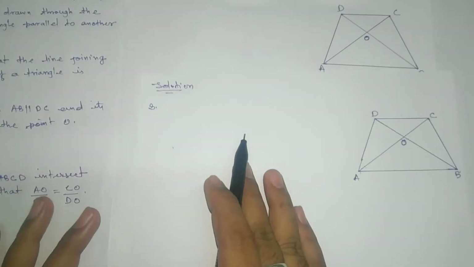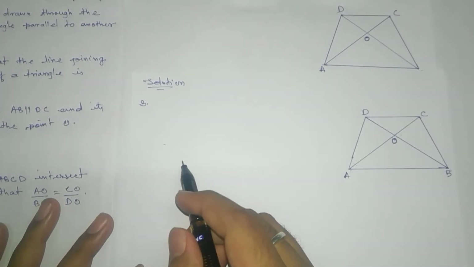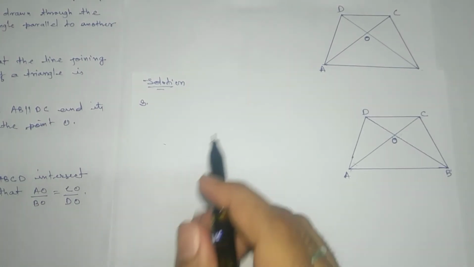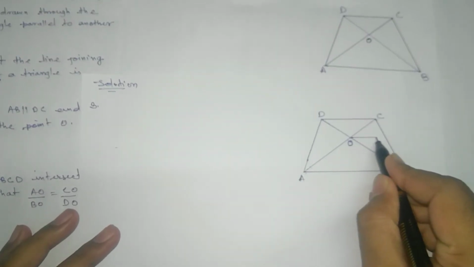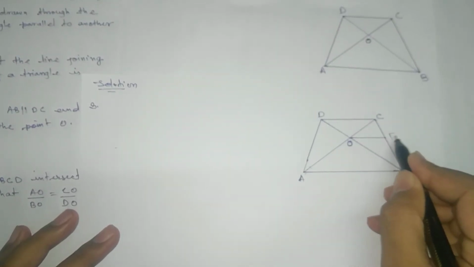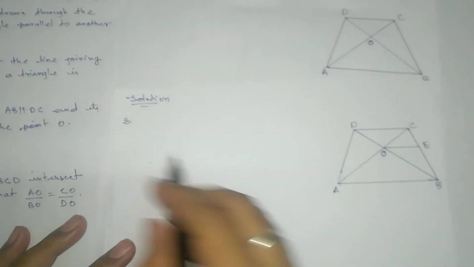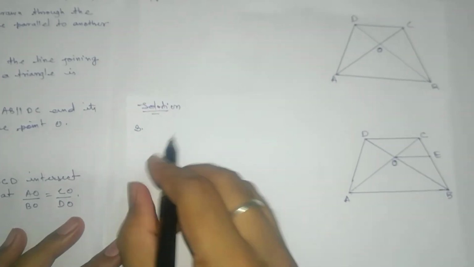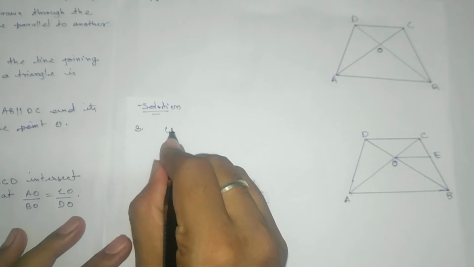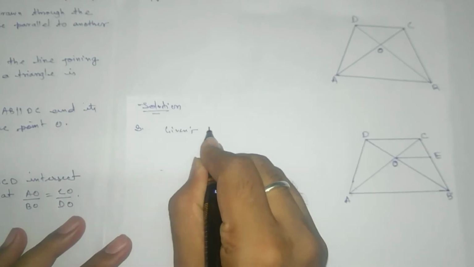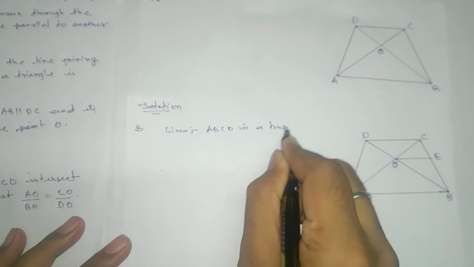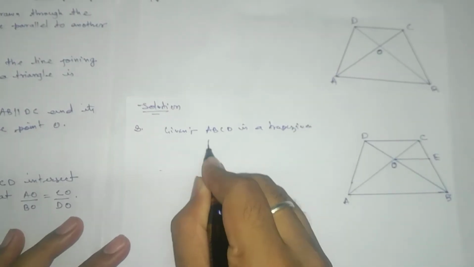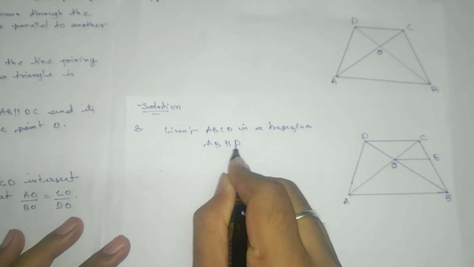So here what we're going to do, we'll construct. Let's construct here. We'll join O to E here. So first we'll write here, given that ABCD is a trapezium in which AB parallel to DC.